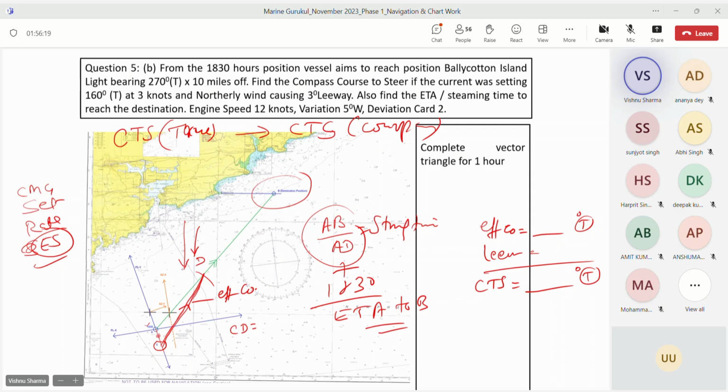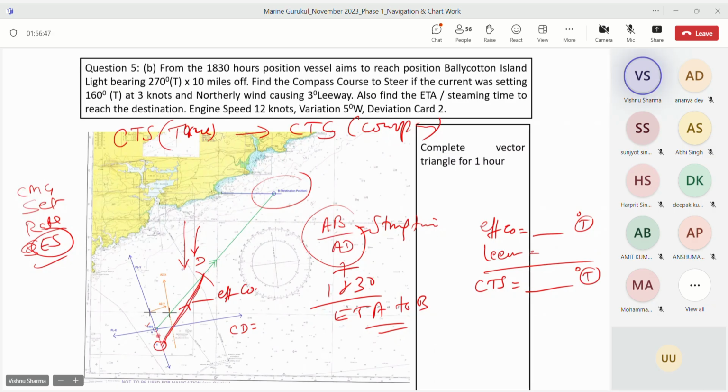If you have forgotten, please revisit that component, because these have been intentionally included here. The answer is there in the sheet that I've sent you. You'll need to learn how to correct from true to compass. As I said then also, compass to true does not bring too many challenges, but true to compass can be a challenge if you're not careful.